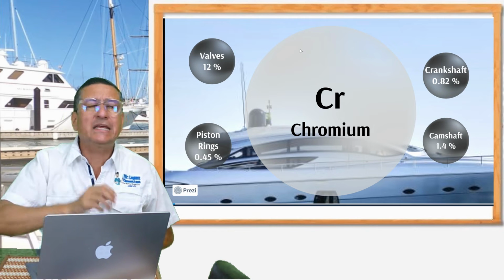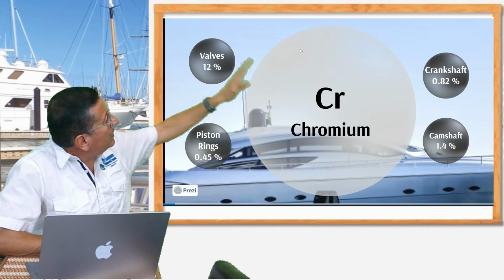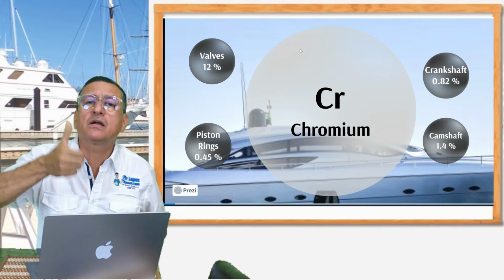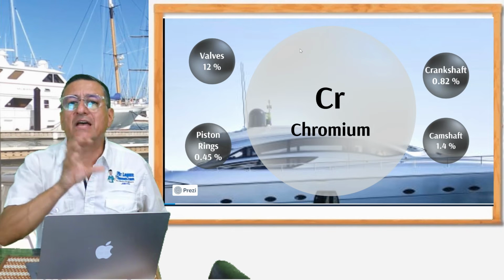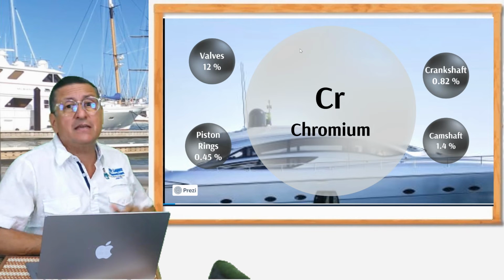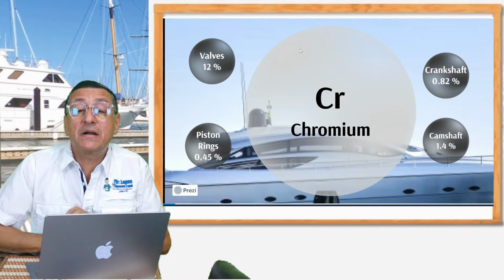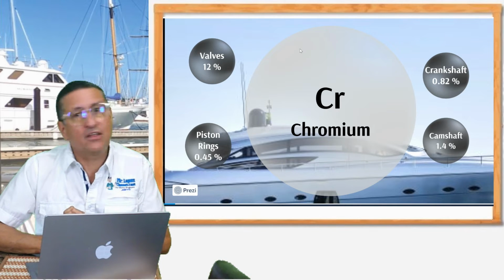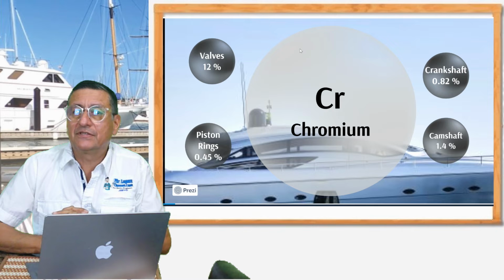The most important is which of those elements has the higher concentration of that metal. In that particular case, it is the valves. 12% is chromium. It's a lot of chromium on the valves.